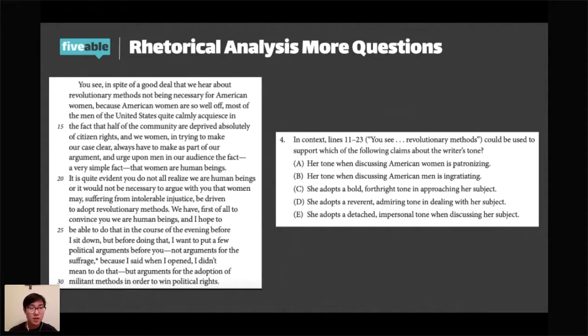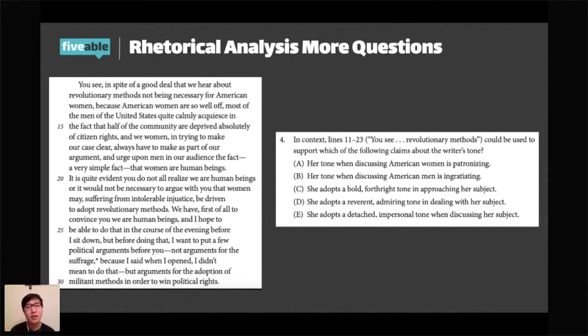Okay, and the correct answer in this case is C. So in this passage, they talk about, in spite of the great deal, because American women are so well off, men quietly acquiesce, et cetera. So in this case, the tone is a bold, forthright tone.